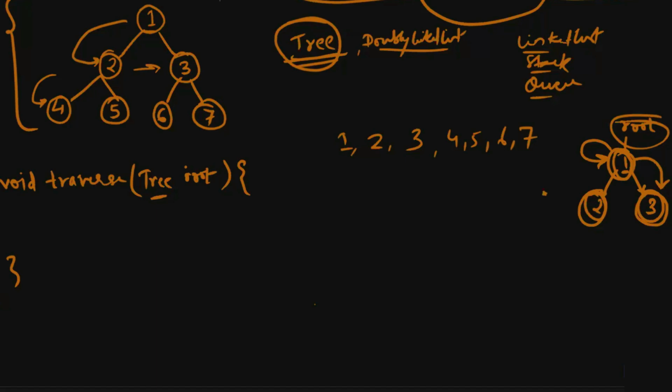Okay, so with that, let me define a class called Node. What does this Node class contain? It contains, first, a primitive type value, which is the value of the node. Then it contains the reference, the link, to the left child and the right child.